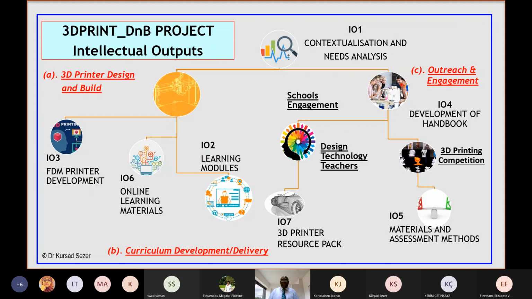Schematically, you can see here in the diagram, starting with the first intellectual output number 1, which is the needs analysis. We did a couple of country needs analysis and reports for the UK, for Turkey, and for Finland, and that formed the basis for developing the content of the learning module, which we'll be talking about today.